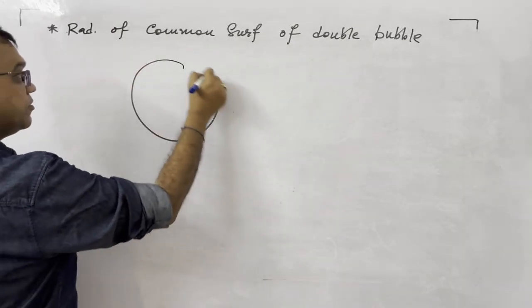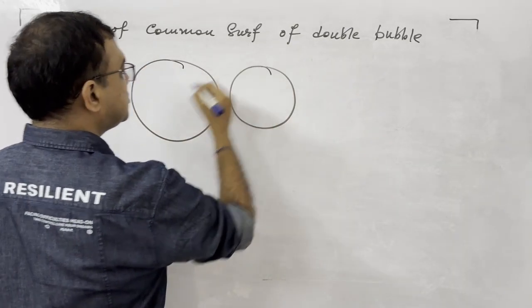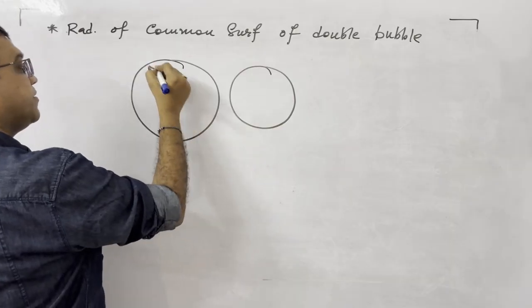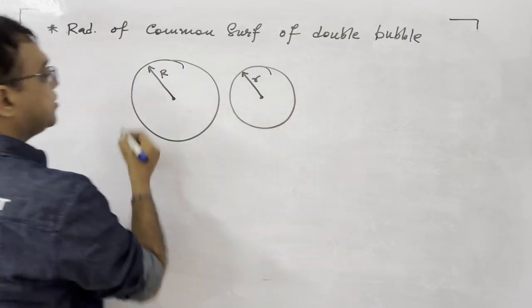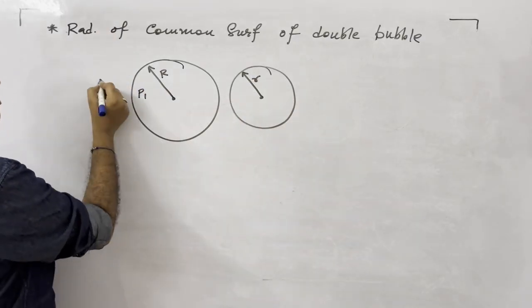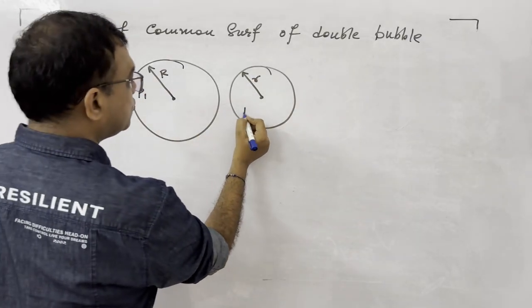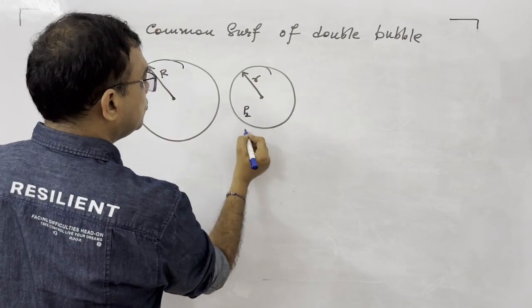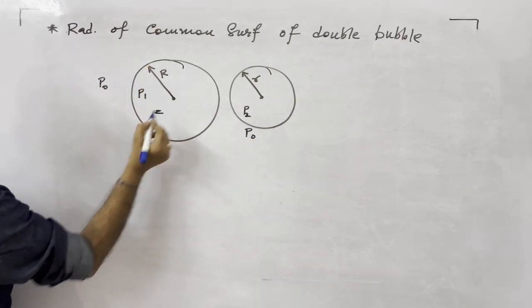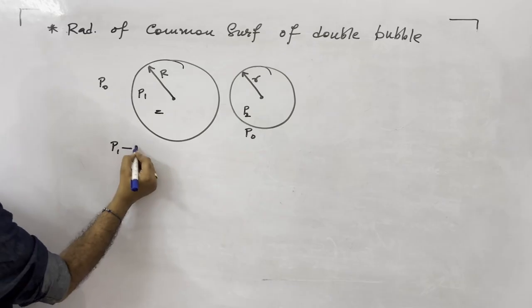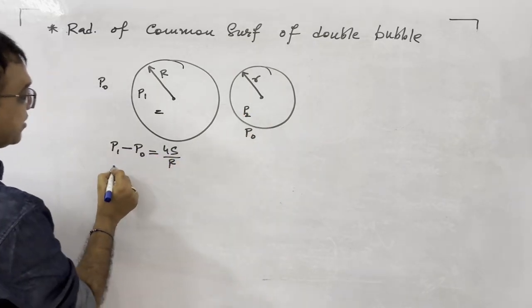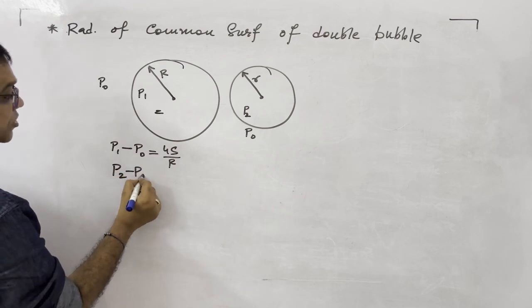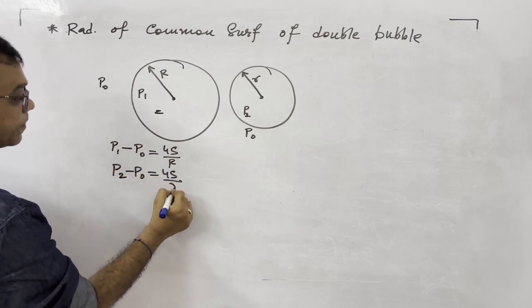We have two soap bubbles of radii R and small r. Then here the pressure P1, surrounding pressure is P0. So for this we will write P1 minus P0 equal to 4s by r, and for this we will write P2 minus P0 equal to 4s by R.